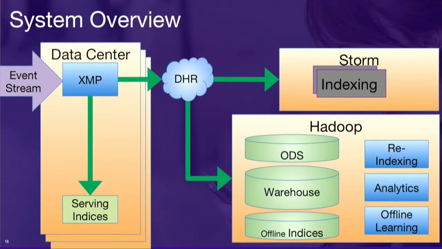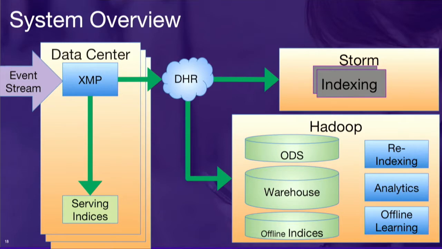XMP is also writing data over to DHR, which stands for Data Heavy Rainbow. Data Heavy Rainbow then writes this data over to Storm in real time, where this data is consumed by near real-time workloads for indexing and alerting. DHR also writes this data via HDFS proxies into Hadoop HDFS in the form of minute Avro files.